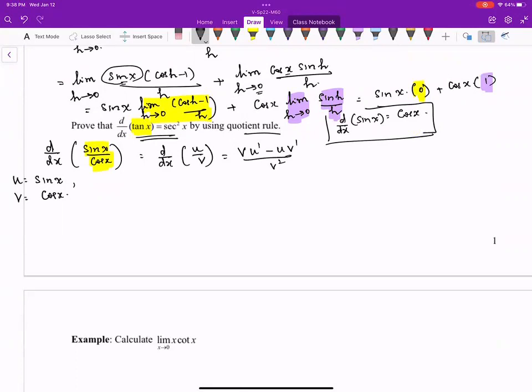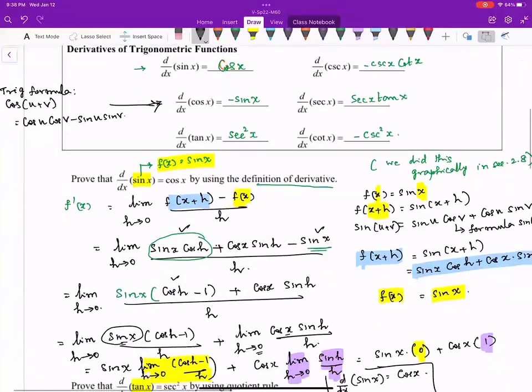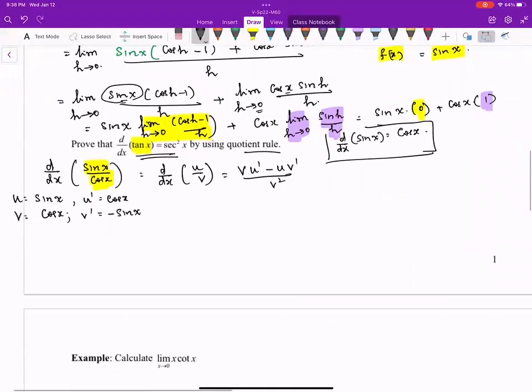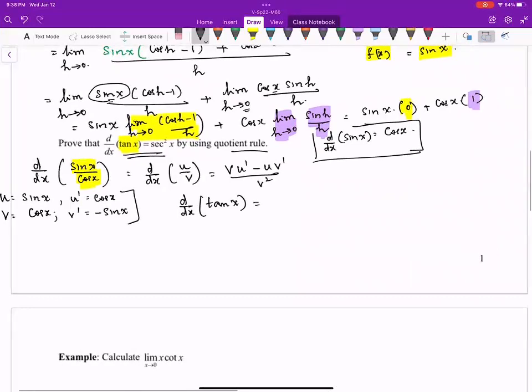So what is u prime here? Derivative of sin x, which is cosine x. What is derivative of cosine x? Which is negative sin x, right? We saw both in the first two. So we will use them in finding derivative of tan x. So what is v?